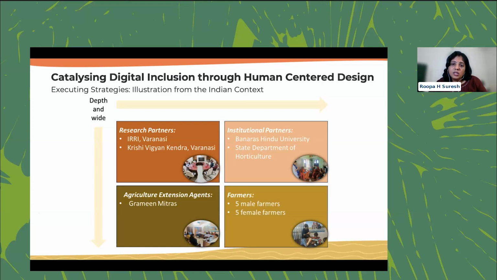Then comes the institutional partners who bridge the gap between the policymakers, the government, to the ultimate sink that are the farmers. So the institutional partners involved in the human-centered design were Banaras Hindu University.